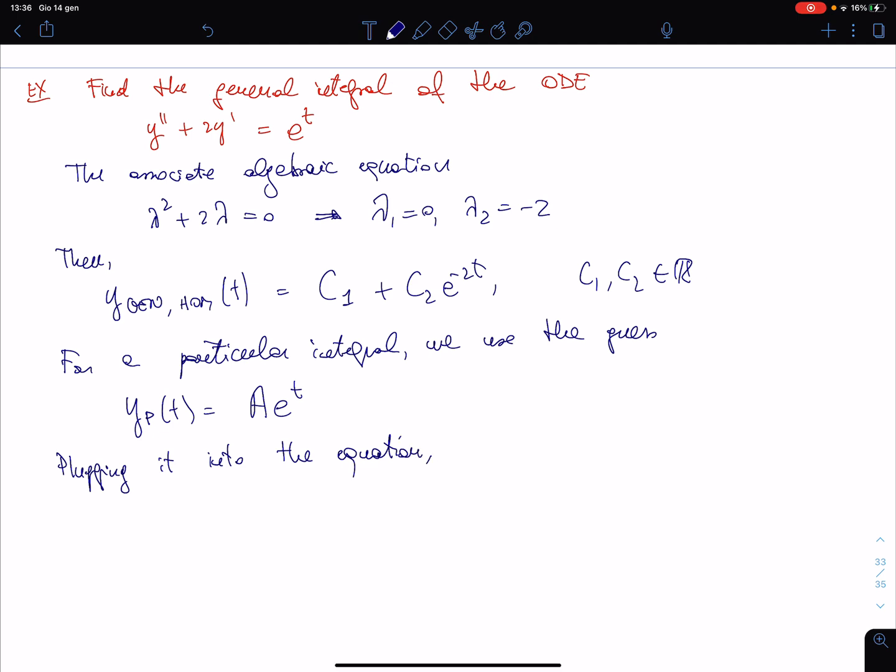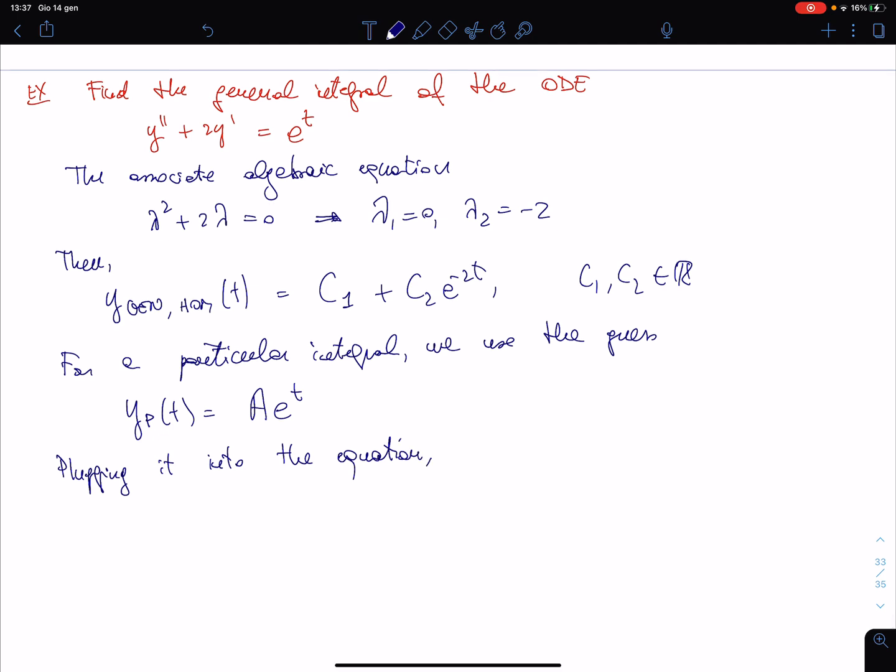We have, so nothing changes: a e^t plus 2a e^t equals e^t. So 3a e^t is equal to e^t, so a is equal to 1/3.